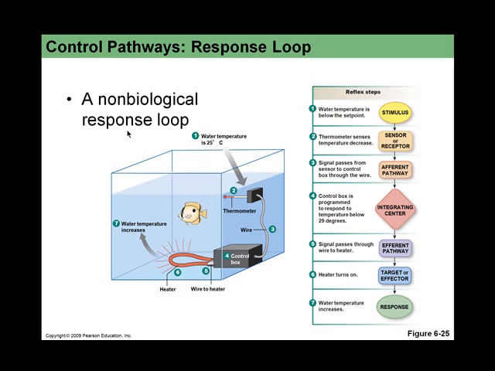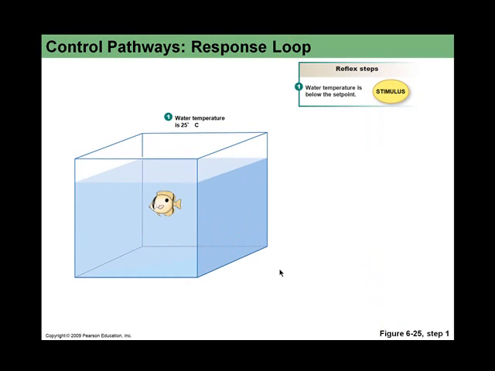Well, now let's think of that response loop. What we're going to use as an example is a thermostat, just like we talked about, but this one is for controlling water temperature. So a non-biological response loop is a good way to go. There are all these parameters, and the reflex pathway is what we'll be considering in parallel with this, and the series of slides coming up adds these one by one.